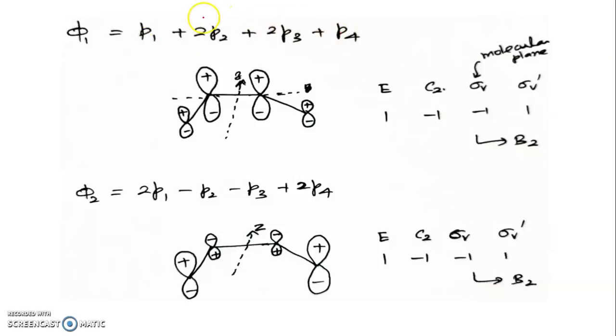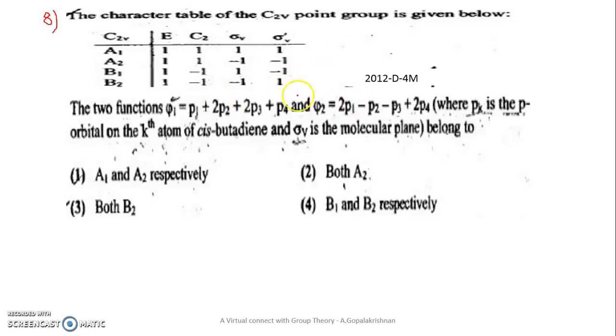I have told you the size of the P1 and P4 orbitals are small, and the size of P2 and P3 should be large because it is multiplied by 2. So roughly we can say that the size of this orbital should be twice the size of this. The molecule given is cis butadiene, and it is also given that sigma v is the molecular plane.